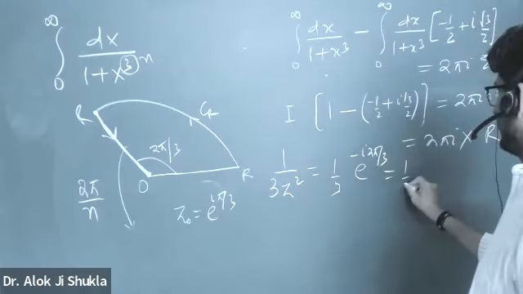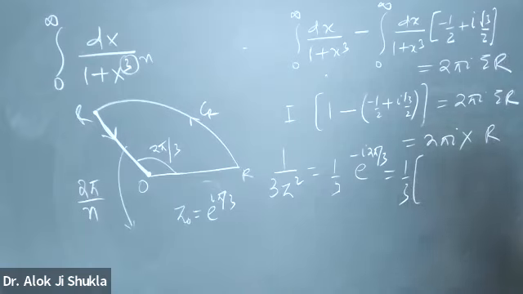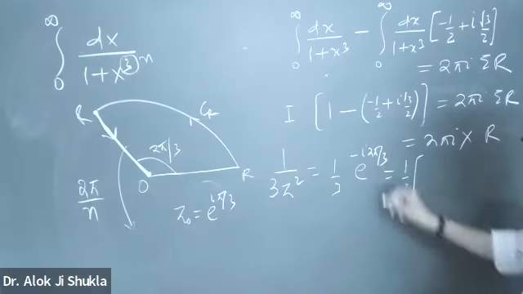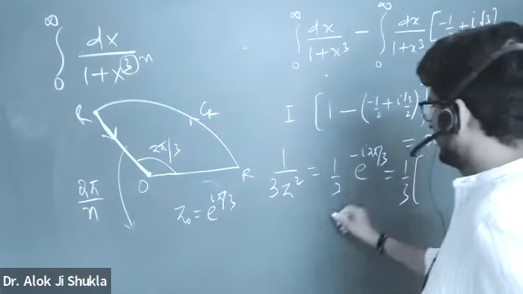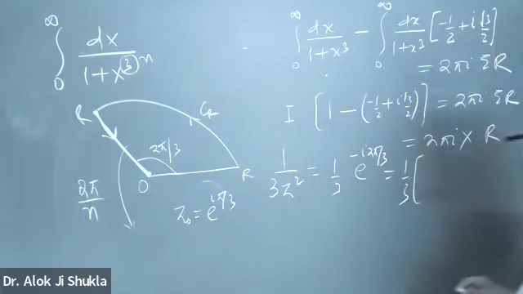So this will become 1 by 3. What is 2 pi by 3? Minus 120. Minus cos 60. So cos of 120 is minus half.